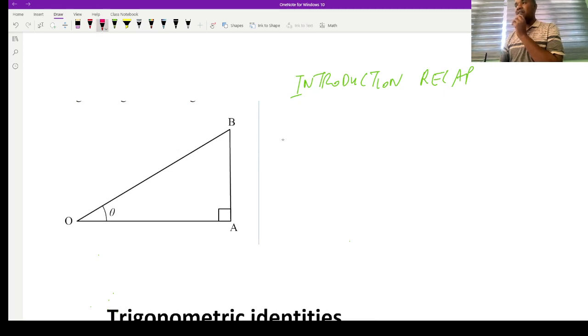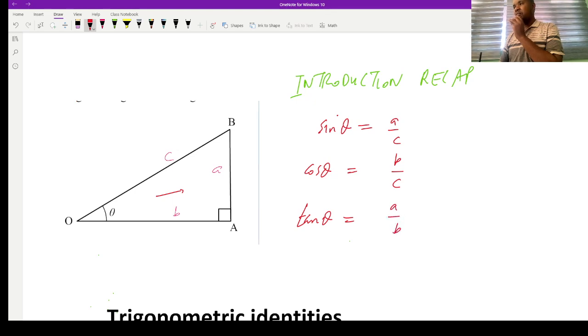With this triangle being given, if this side is A and this is B and the hypotenuse is C, then sine theta is opposite side over hypotenuse, which is A over C. Cosine theta is adjacent side over hypotenuse, and that is B over C. While tan theta is opposite over adjacent side, which is A over B.